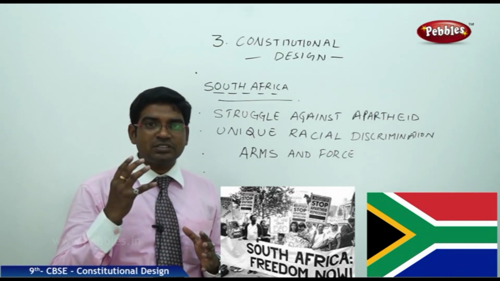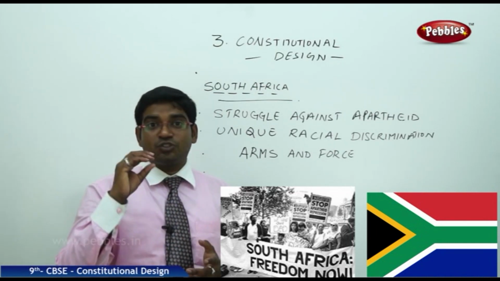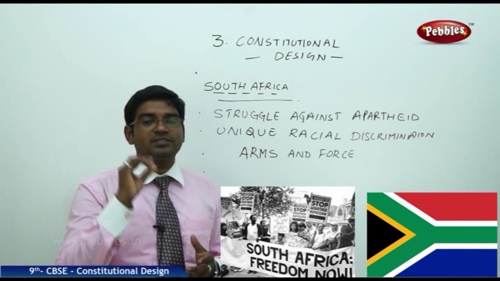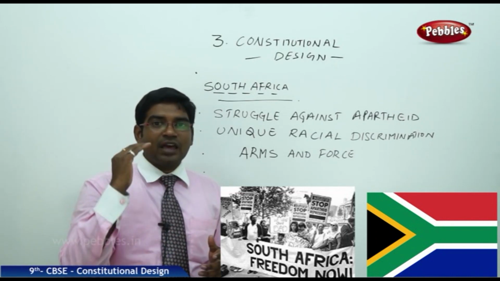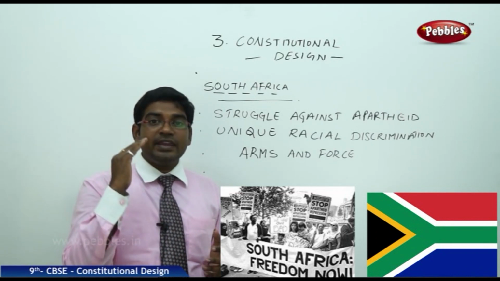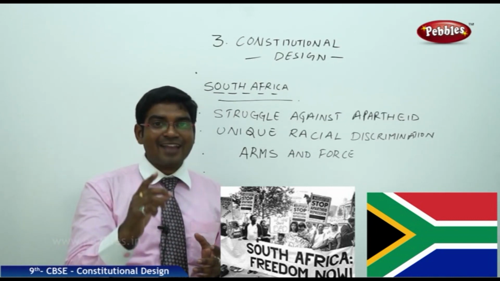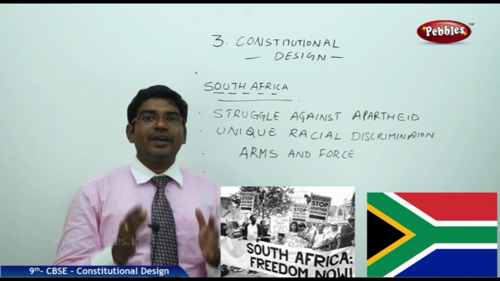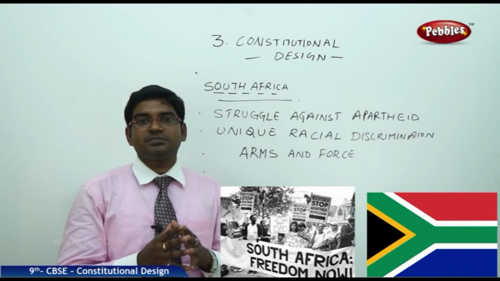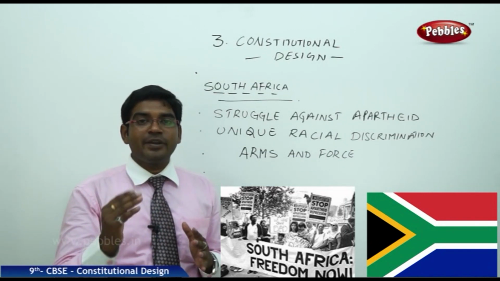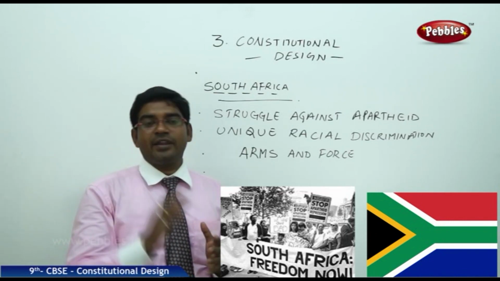Many organizations were formed. Actually, the underlying point is that the Africans were not allowed to form any associations and should not protest any of the actions which the white minority government took. The white minority government always used a harsh hand.